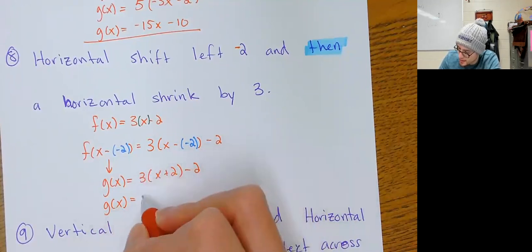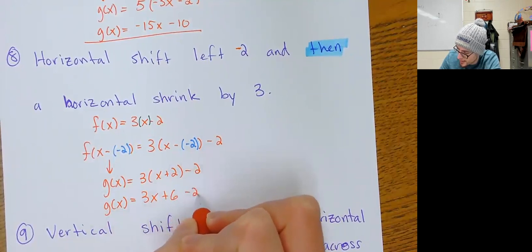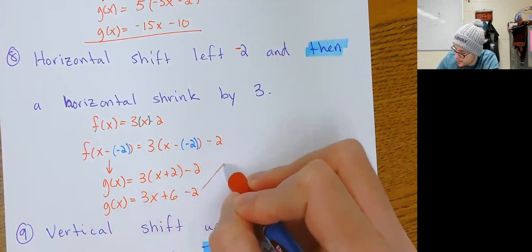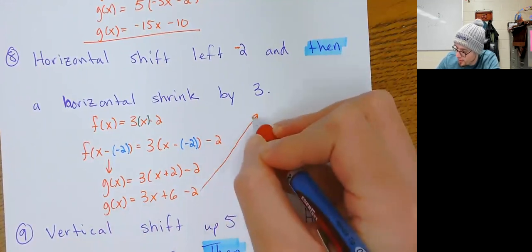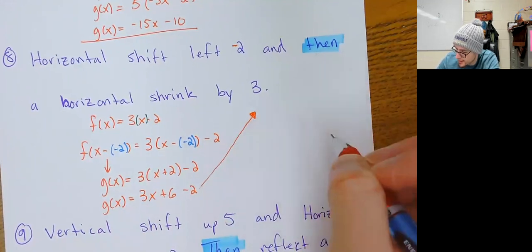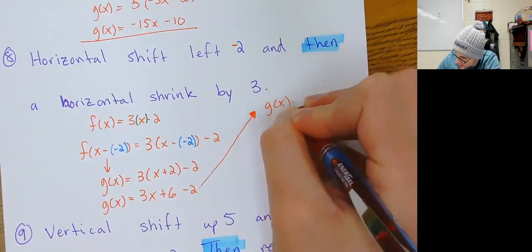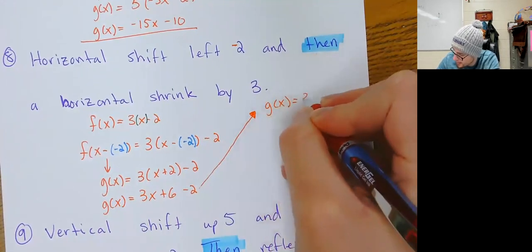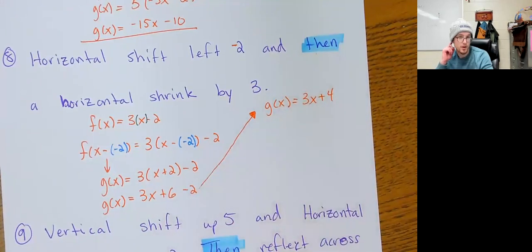So 3 times x is 3x. 3 times 2 is plus 6. And then we have the minus 2 out here. Now let's simplify it one more time, and then we'll be ready to transform it the second time. So if we simplify it one more time, we're going to get g of x equals 3x plus 4. 6 minus 2 is positive 4. Okay.